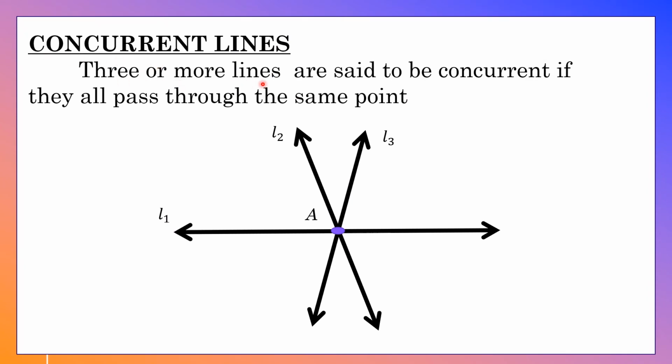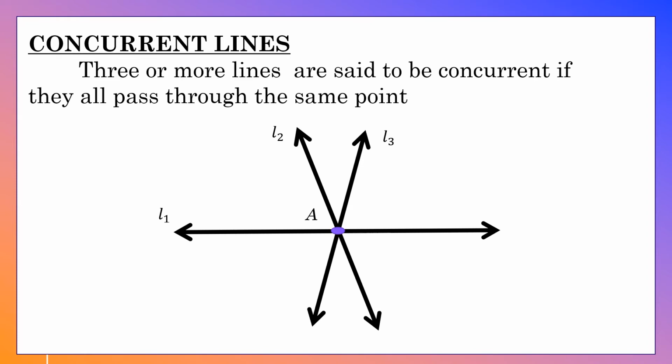Three or more lines are said to be concurrent if they all pass through the same point. So they intersect at exactly one point. The single point at which these lines intersect is called the point of concurrency. So line 1, line 2, and line 3 are concurrent lines, and this point A is what we call the point of concurrency.